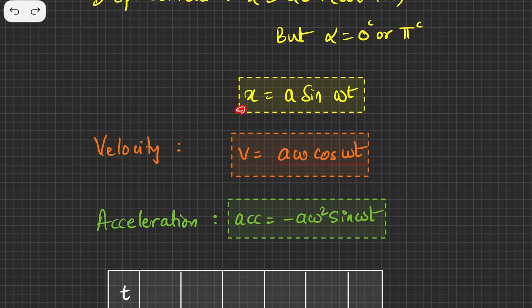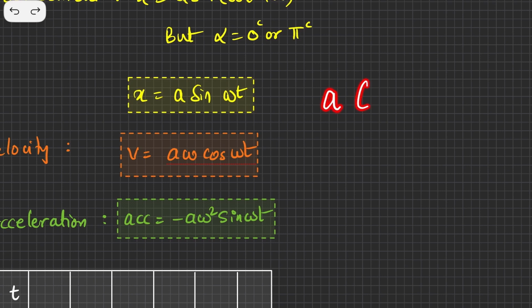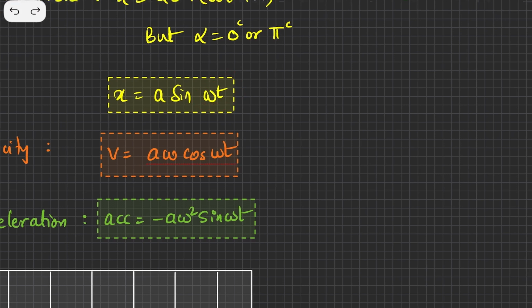And if I differentiate this, I'll get velocity. So dx by dt is d by dt of a sin omega t. Since a is a constant, a will be thrown outside, and the derivative of sine is cos omega t. But the most important aspect is there is an omega t inside this. In derivative we call this the chain rule.